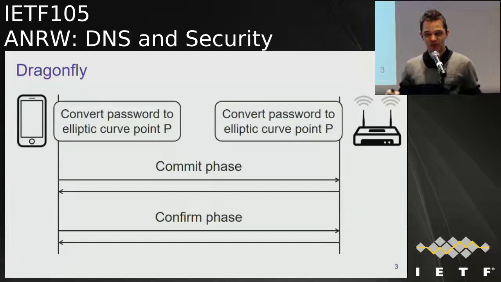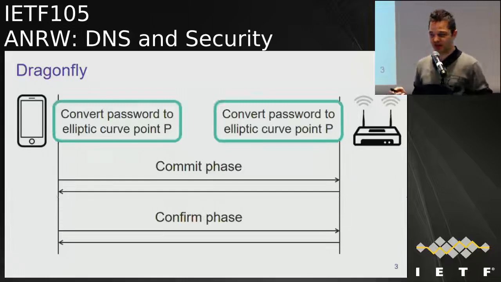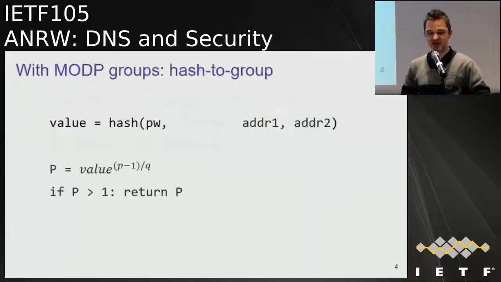And the important question here is, how is this password converted to a group element? And I'm going to start with the simple case here, where we are using so-called mod p groups. So these are not yet elliptic curves, because the Dragonfly handshake also supports mod p groups. And here the algorithm is a bit simpler to explain, and it also nicely illustrates the flaws of this method.